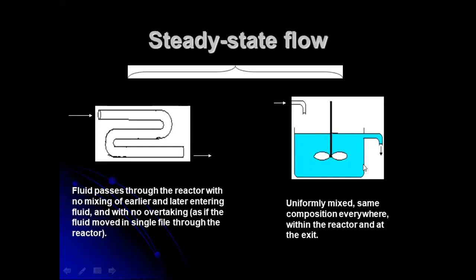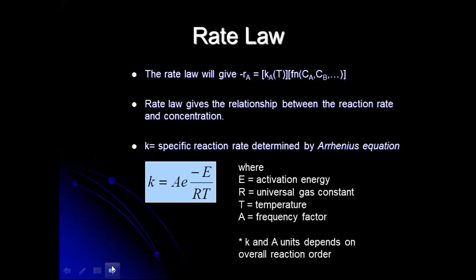But you have to understand that the reaction mixture inside the vessel at any time and the fluid leaving the vessel will have the same concentration. So the concentration inside the reactor at any time will be the same as the concentration of the effluent, or the fluid that exits the reactor. This is in the case of the CSTR. But anywhere, the concentration is the same.